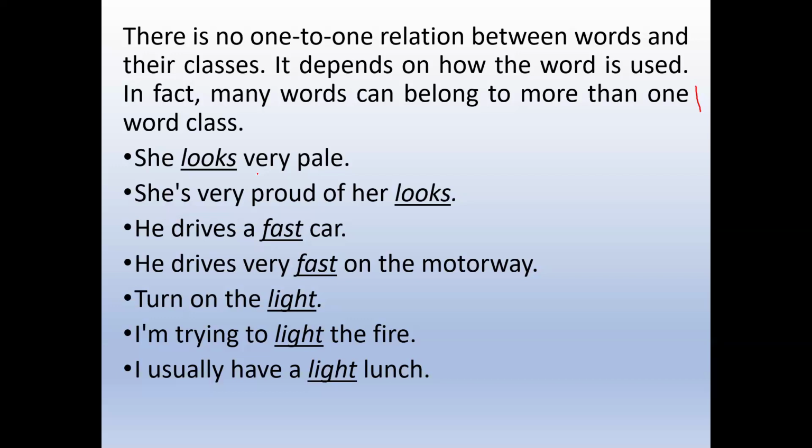Answer means you can identify the word class of these underlined words only by following what these words are doing in these sentences. So I'll give you 1 or 2 minutes. Quickly find out the word classes of all these underlined words and put a small note in your paper.